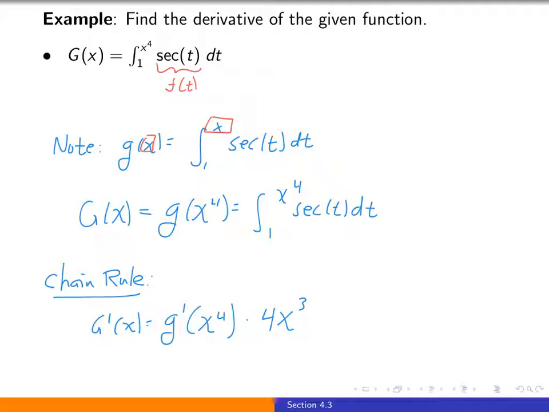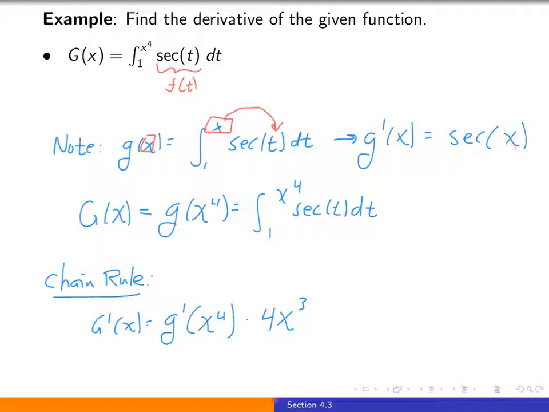And let's just note, what is little g prime of x? Well, by the first part of the fundamental theorem of calculus, little g prime of x, we just take that x and we plug it in for t. So that would be secant of x. We wanted to know g prime of x to the fourth.